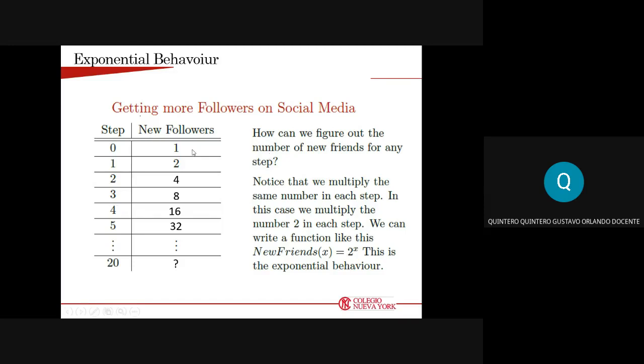Then in that case, I would have 1 times 3, so 3, right? And then 3 times 3, which is 9. And then 9 times 3, which is 27. And 27 times 3, right? Did you get it? So a bigger growth factor means the function is going to increase at a faster rate.